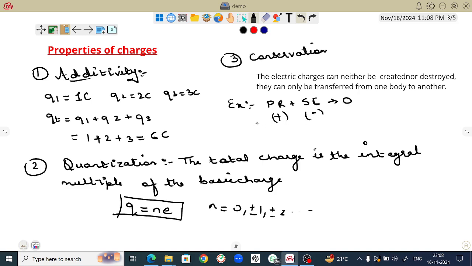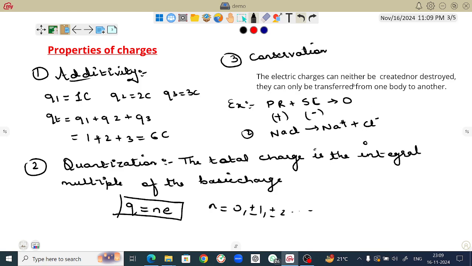Another example which demonstrates the conservation of charges is when we ionize salt in an aqueous solution, that means NaCl. The salt breaks down into Na positive and Cl negative. During and after the ionization, the total charge is conserved, that is 0.